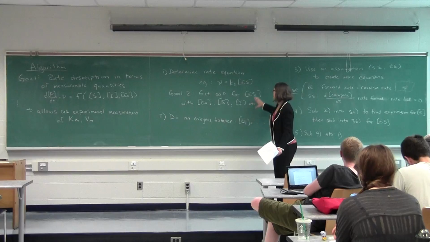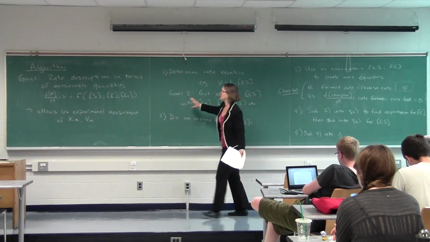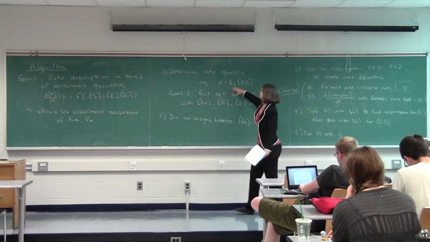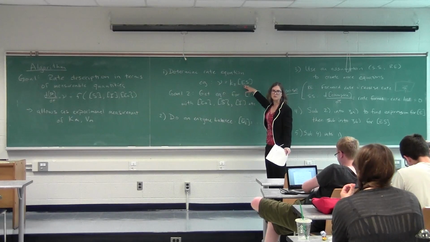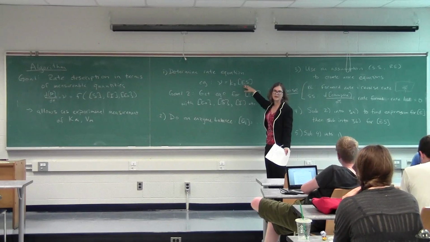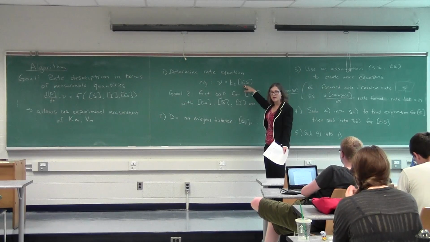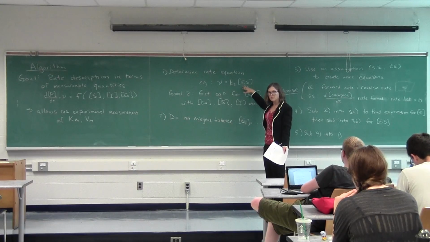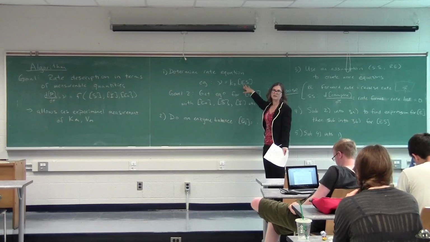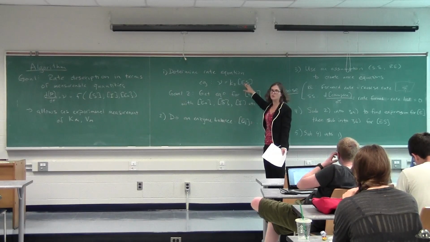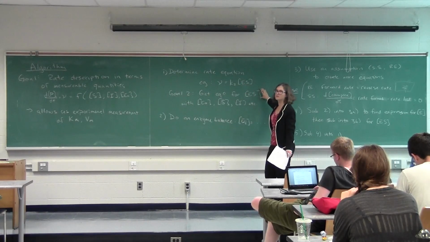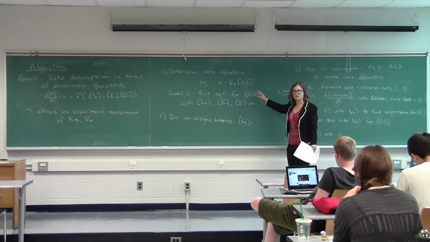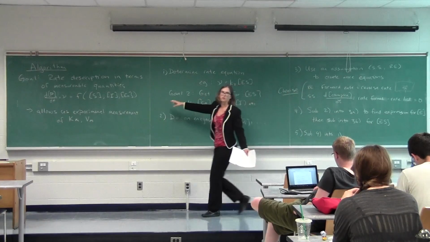Okay, so these are our goals. In order to figure out what rate is in terms of those things, we need to figure out what rate is in terms of, usually, ES. Depending on your mechanism, this may be a more complicated rate, but mostly it's this rate. So if it's this rate, then the next goal is pretty straightforward, which is just to get some expression for ES in terms of all those things that will allow you to solve this goal.